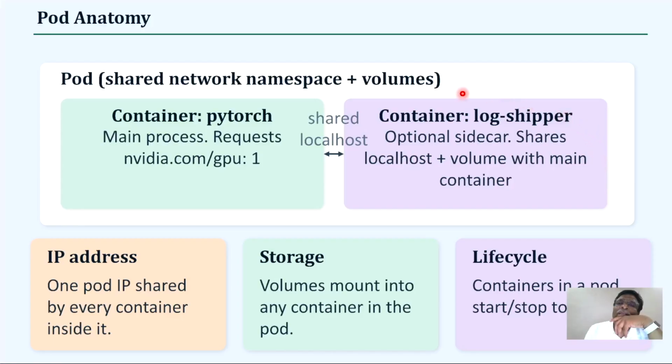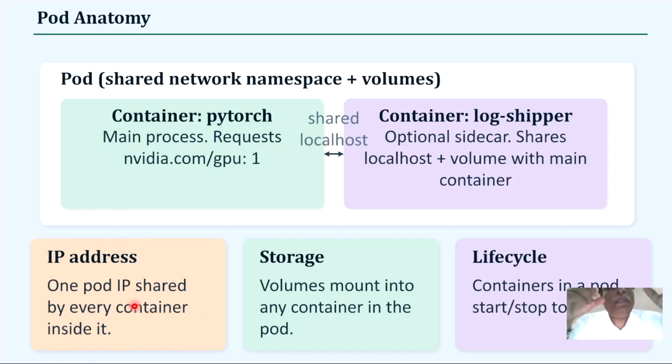And then there is another container which is a log shipper, which is an optional thing, and it basically uses the shared localhost and volume with the main container. So the basic idea is there is this pod. This pod will have two containers running, and each of them can use the same localhost for communication.